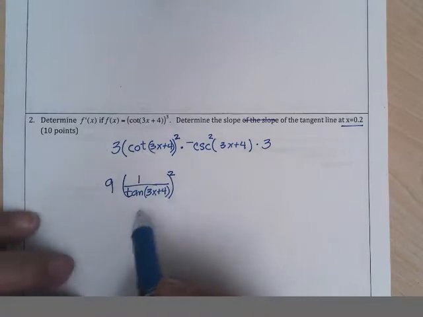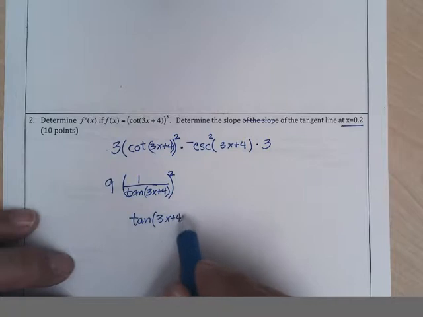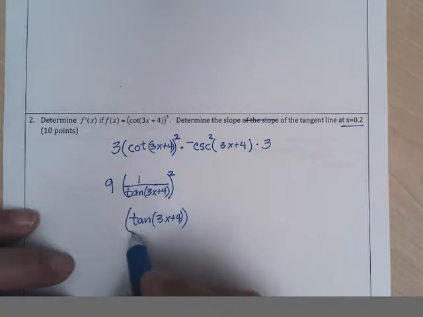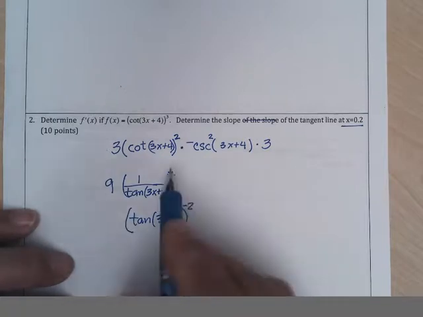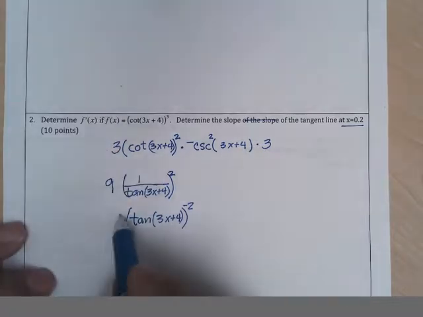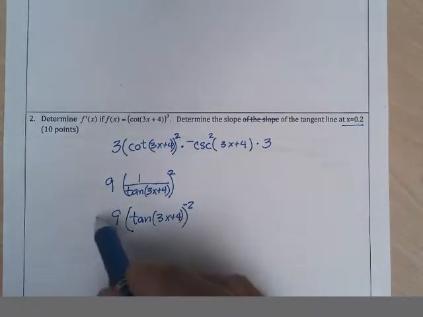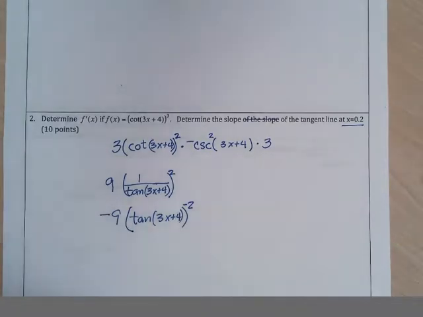Or we could type in tangent of 3x plus 4 to the minus 2. That minus would make it 1 over it squared. Then we have a minus here that's times the thing, so I'll just put that out in front.